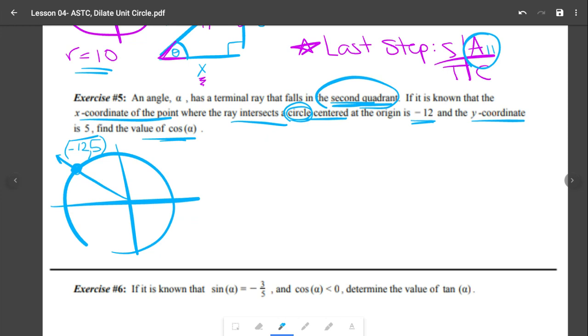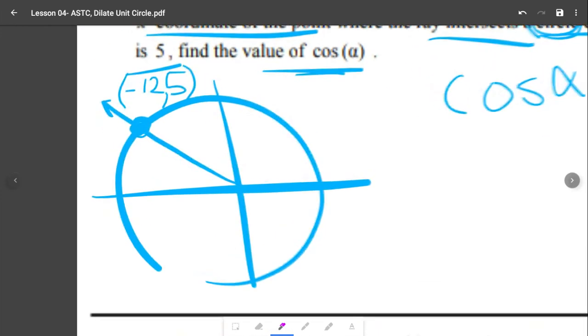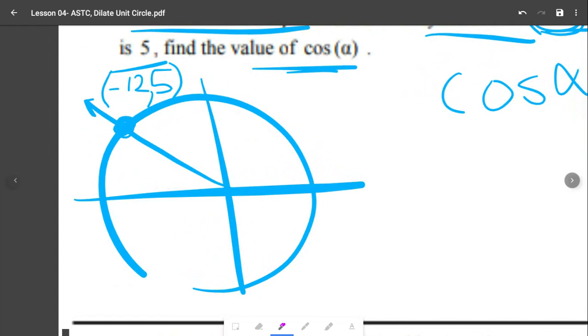Just like the last problem, I said for these we're going to go back to the basics, SOHCAHTOA. In order to find cosine, we're using alpha here. SOHCAHTOA, we're going to do adjacent over hypotenuse, which means I need a right triangle. Now I said you're going to go from the point, this is our first time doing it in a different quadrant.